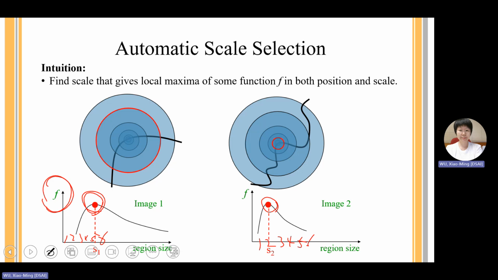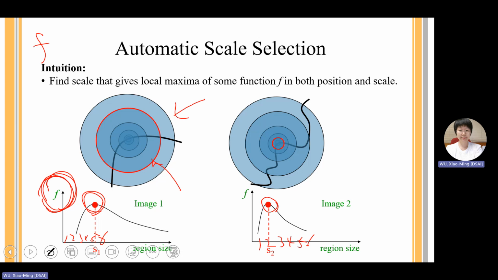And suppose our previous f, the corner response function, is such a good function. Then we can use it to identify the proper window size for this pixel. So the solution is to apply multiple windows at one pixel.